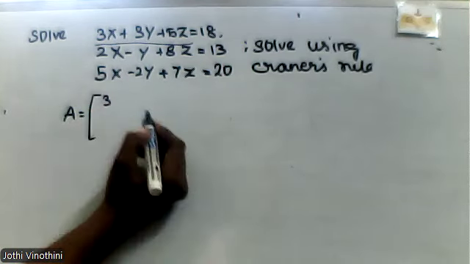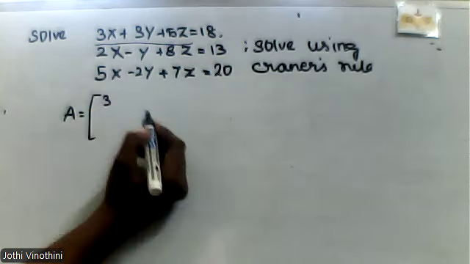So if we multiply this, it will be 27 plus 104 plus 5, which equals 136. Clear? Clear. So now we are very clear that del equals 136.